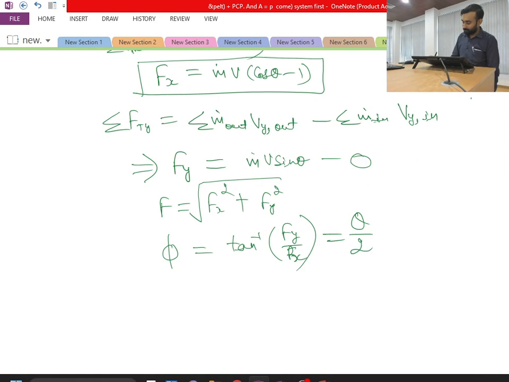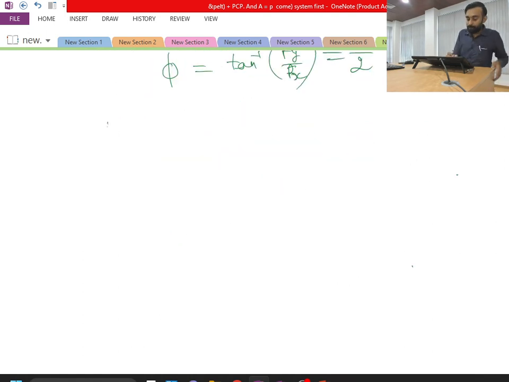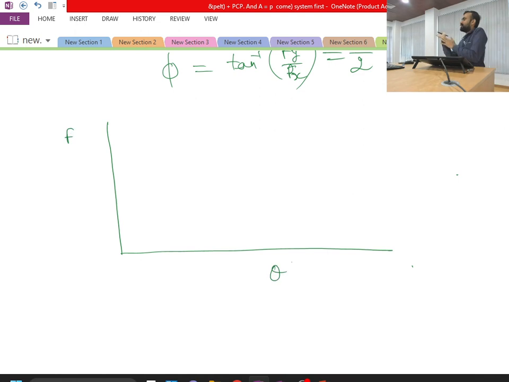Okay. So ultimately, the B part of this question was that we have to plot the variation of this net force as a function of theta. So say if the angle of deflection is changing, then what will be happening?